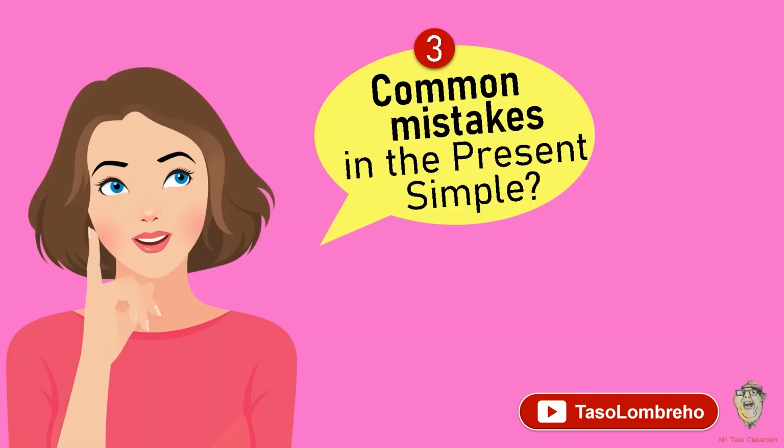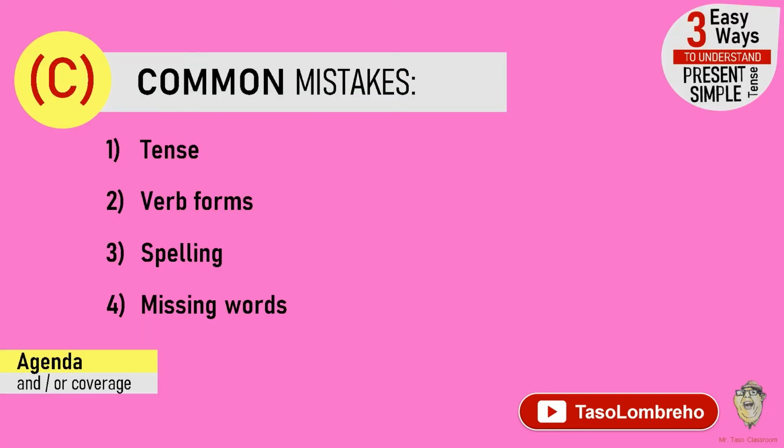Now we are moving on to number 3, common mistakes in the present simple. The common mistakes in using present simple tense consist of 4 items. The first one is tenses. The second one is verb forms. The third one is spelling.